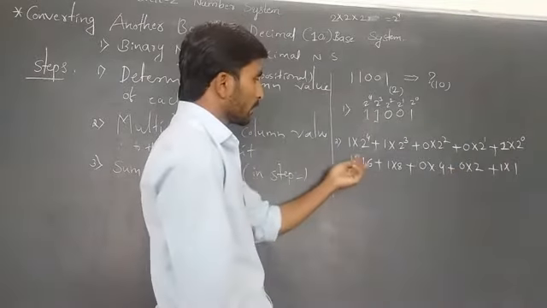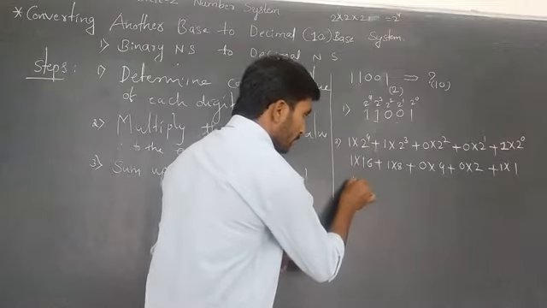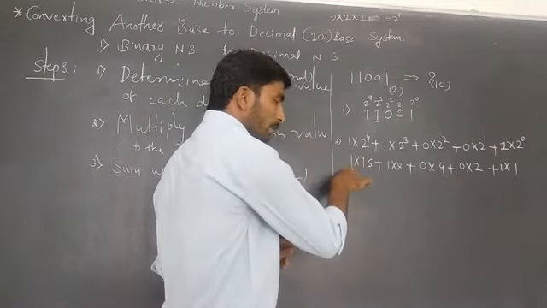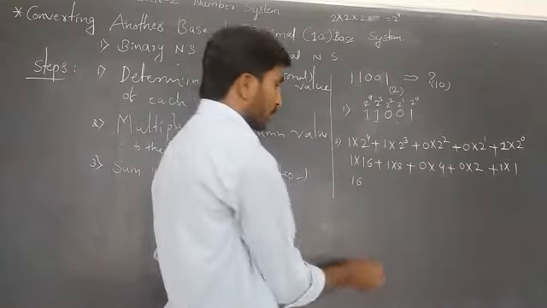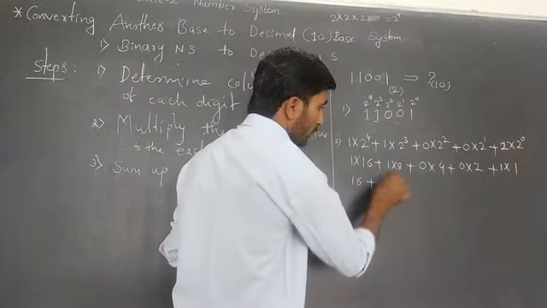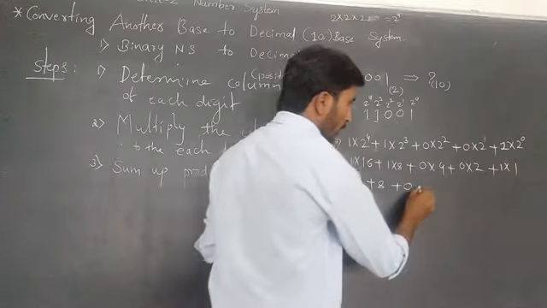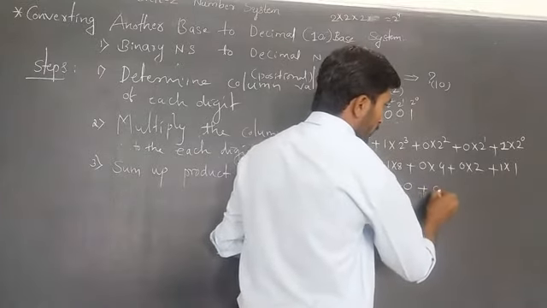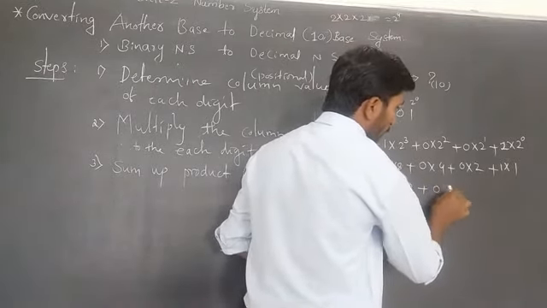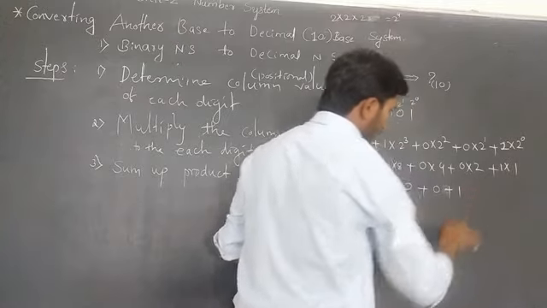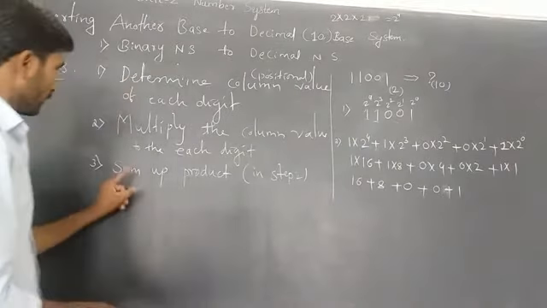Then after that you have to multiply 1 into 16. Any number multiplied with 1 is that number, that is 16. Okay? Plus 1 into 8, 8, plus 0 into 4 is 0, plus 0 into 2 is 0, plus 1 into 1 is 1.